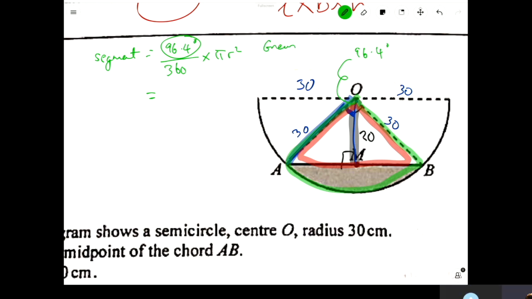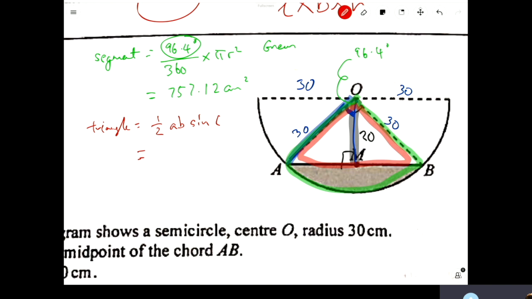Okay, so let's use a calculator. We get 757.12. Next, red color. Red color is the triangle. To find the area of a triangle, it's half times base times height. But I don't have the base, so I take half ab sine C. You use that formula when you don't have the base.